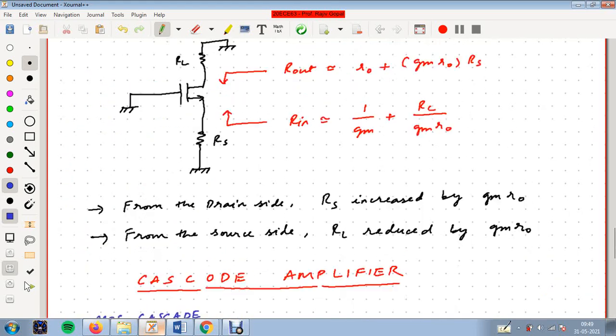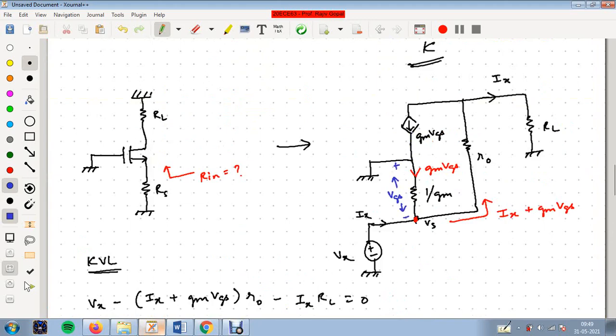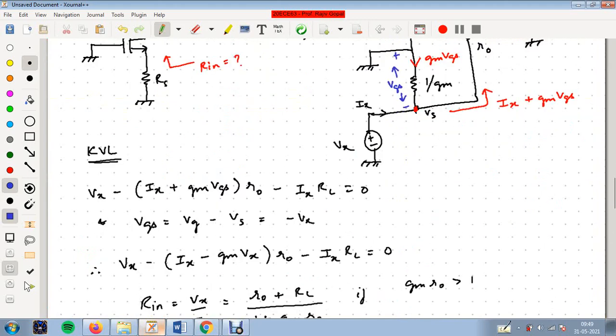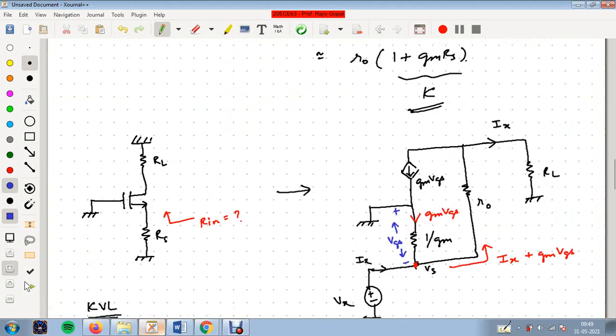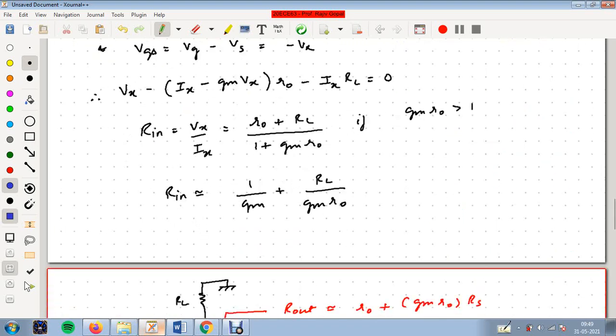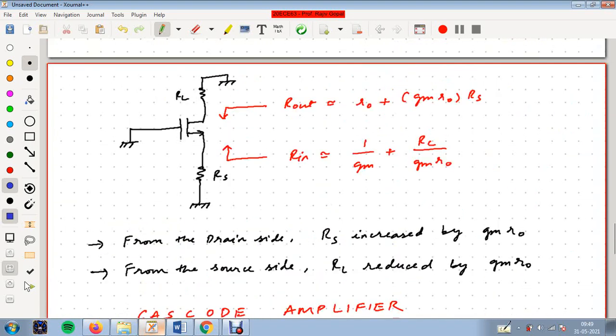What I've done in today's class is add a common gate transistor. What are the benefits I get for gain as well as for bandwidth? By adding a common gate amplifier, Rout is actually getting increased by a factor of gmro. In Rin, you can see that RL is reduced by a factor of gmro.